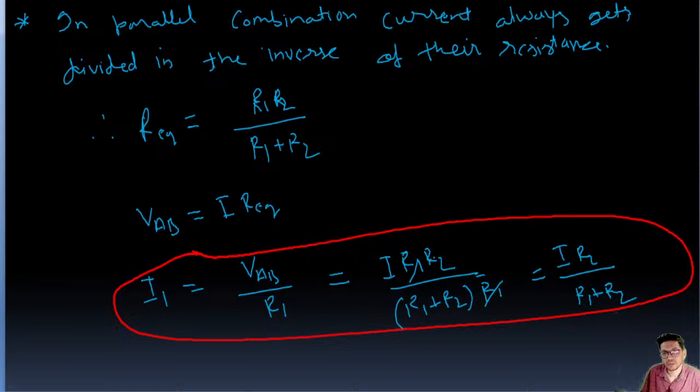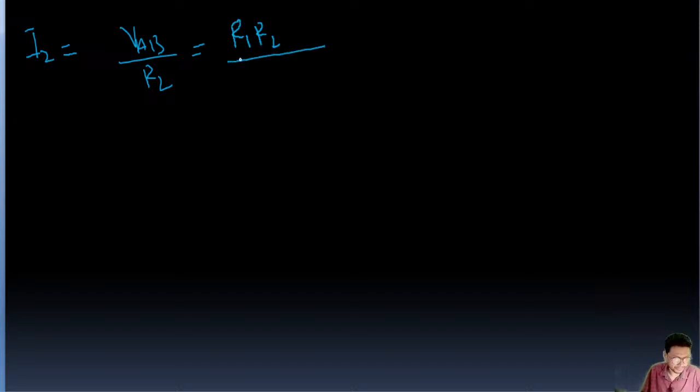And similarly, we'll find I2. I2 is going to be VAB upon R2. VAB value we know, R1 R2 upon R1 plus R2, into 1 upon R2.